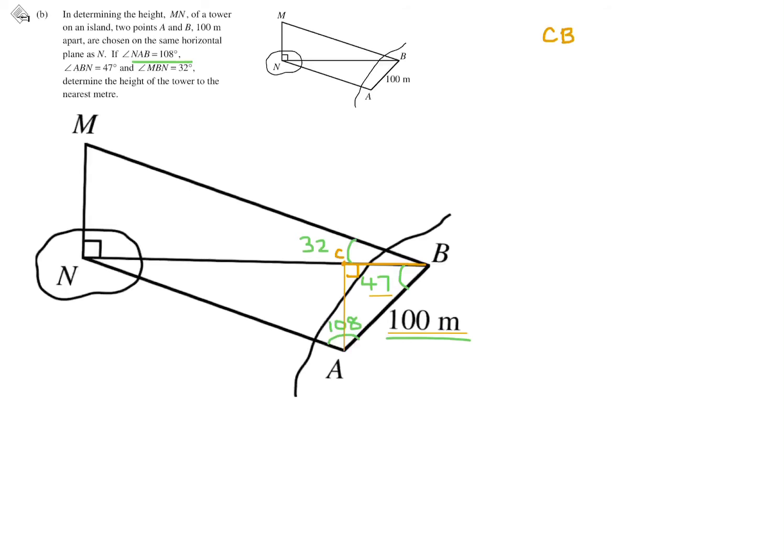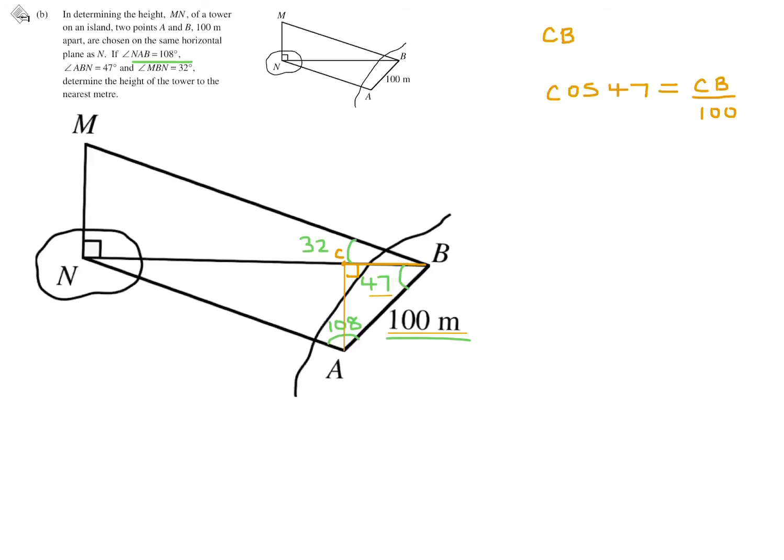So I'm going to first try to figure out CB. How do I do that? Sine, cosine, tangent? Well, I'm going to use cosine. The cos of 47 is equal to adjacent, which in this case is CB, over the hypotenuse, which is 100. Calculators are allowed, so you can figure this out.